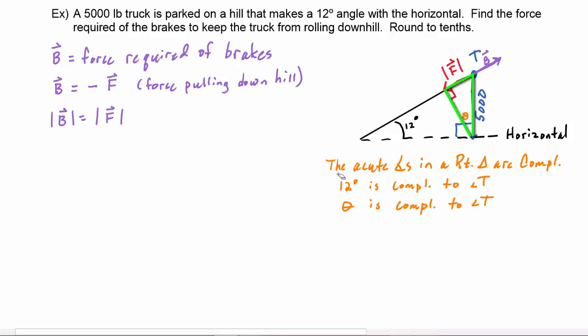So the 12 degrees is complementary to angle T, theta is complementary to angle T. So now we're going to apply the theorem that says two angles complementary to the same angle are equal.